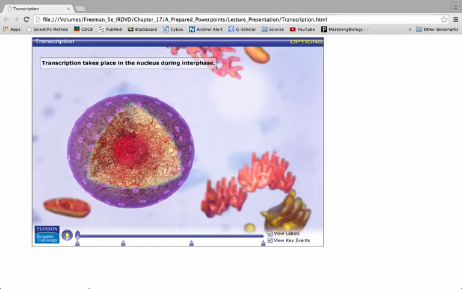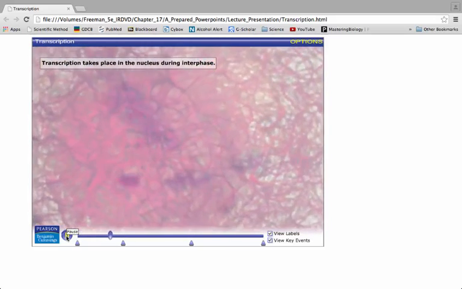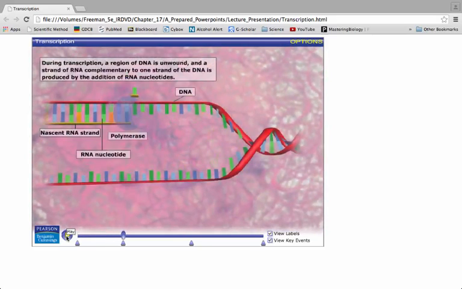Let's look at a summary of the process of transcription. Transcription takes place in the nucleus during interphase of the cell cycle. If you zoom in, a region of DNA is unwound and a strand of RNA complementary to one strand of the DNA is produced by the addition of RNA nucleotides.